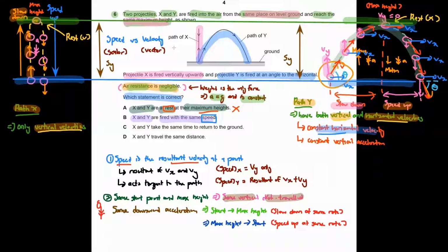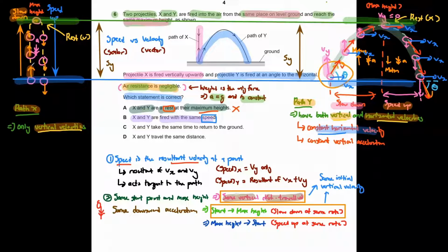When you consider what happens to both projectiles when they're projected from the starting position to the maximum height, they will both be traveling the same vertical distance and they will both be slowing down at the same rate. This will tell you that both projectiles have the same initial vertical velocity.